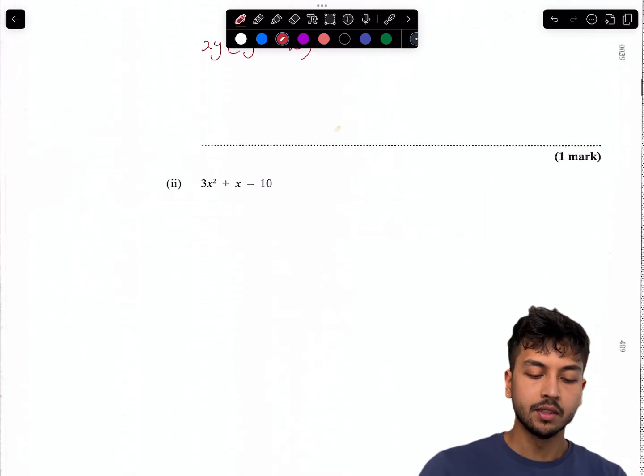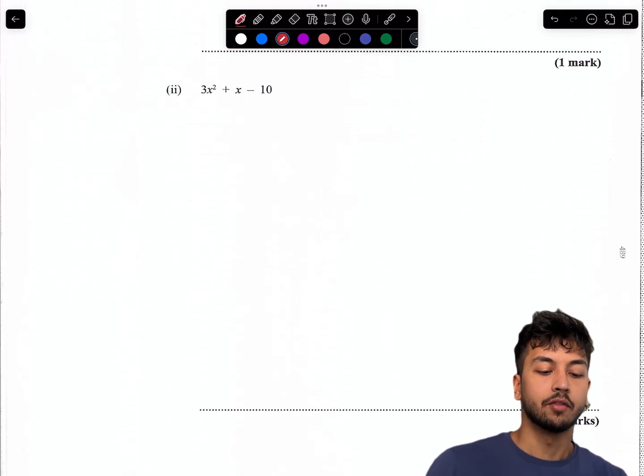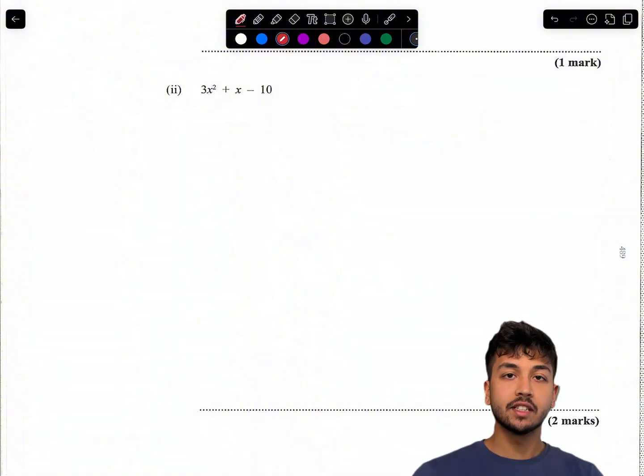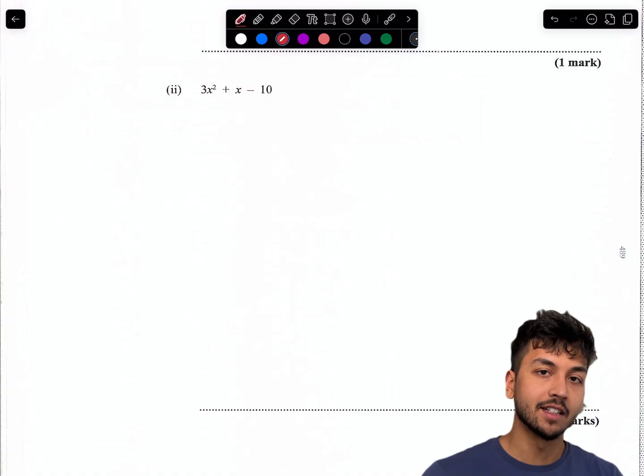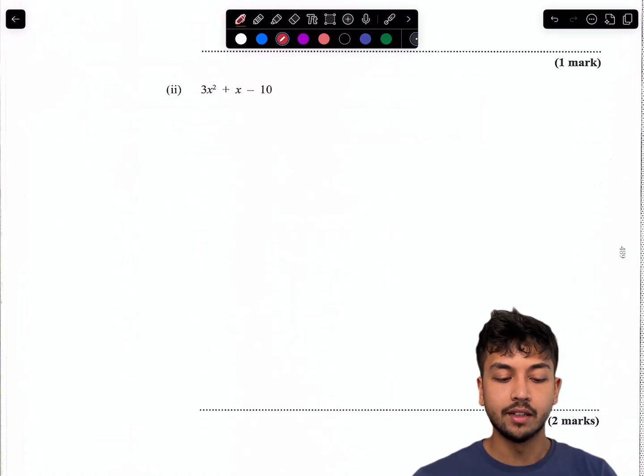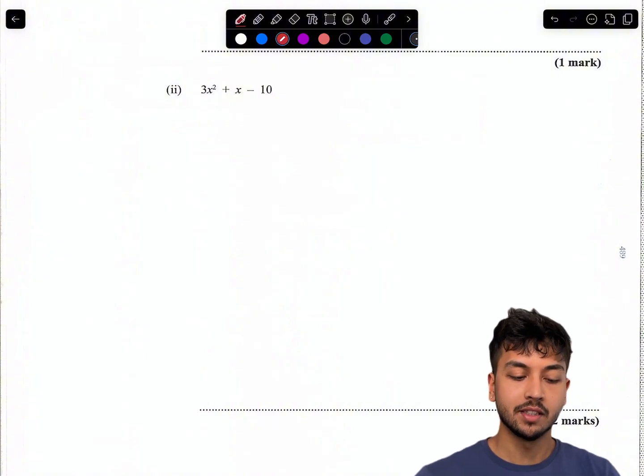Now moving on to part 2, they have 3x squared plus x minus 10. The first thing to recognize here is that this is a quadratic. A quadratic is of the form ax squared plus bx plus c.